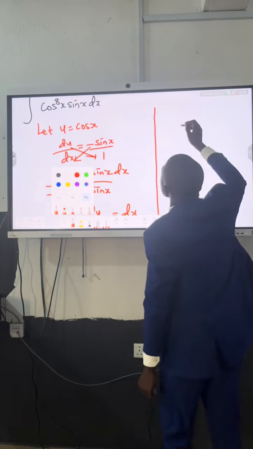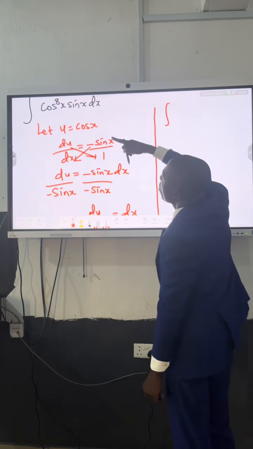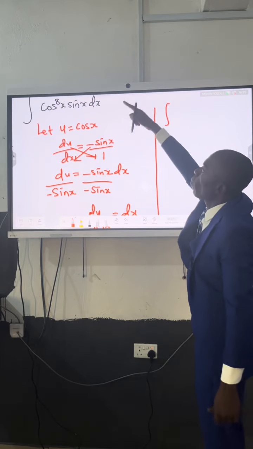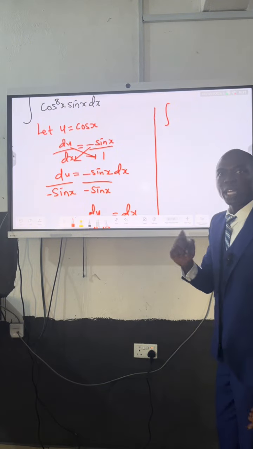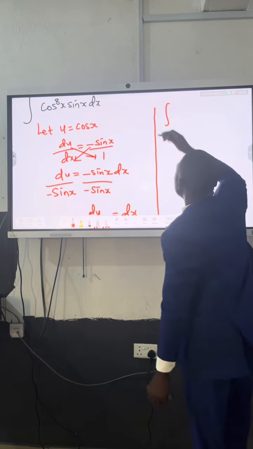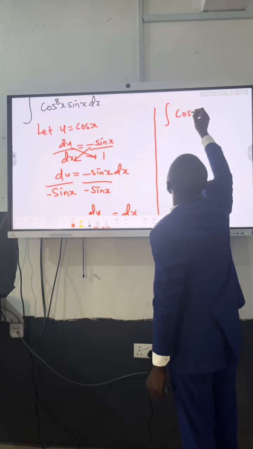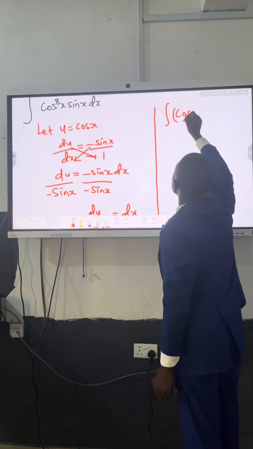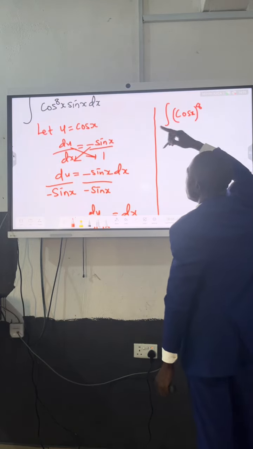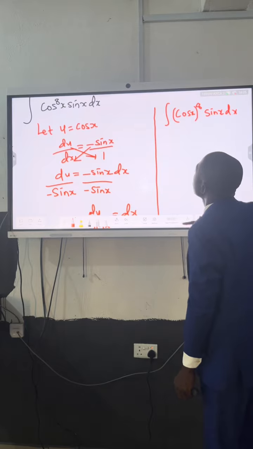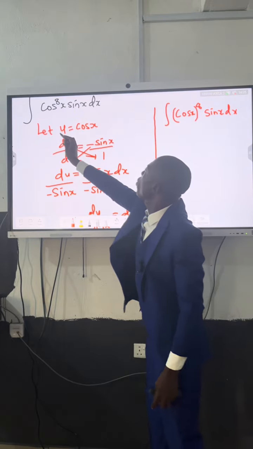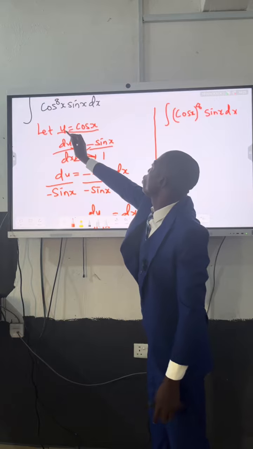Watch and see. It now becomes the integral of, instead of cos to the power 8x, which means cos x all to the power of 8, that's the meaning of that, times sine x dx. But you said anywhere you see cos x, you should put u.